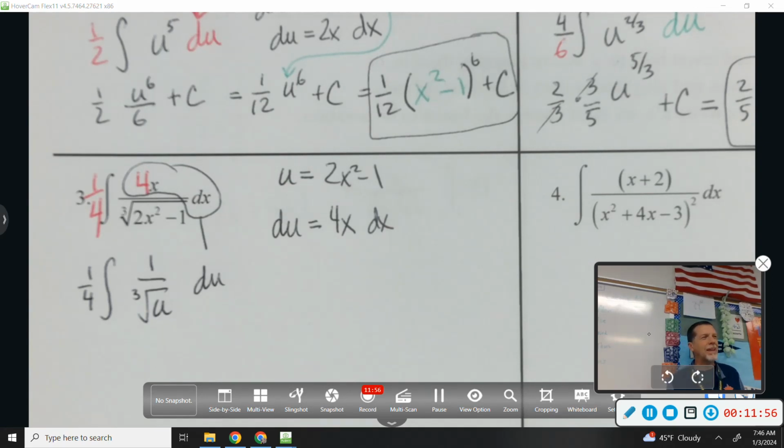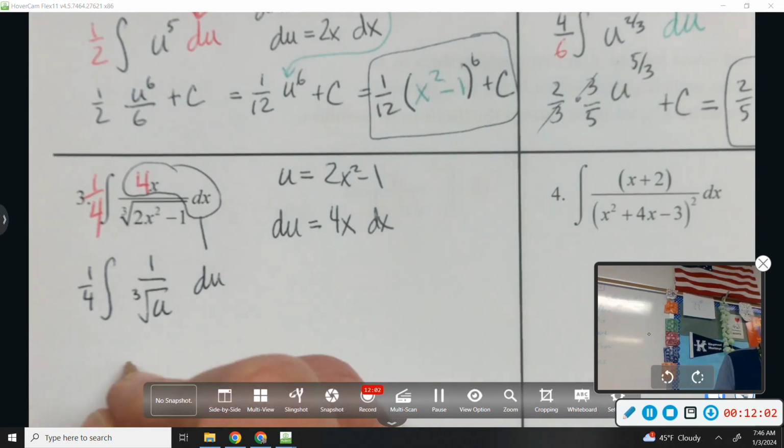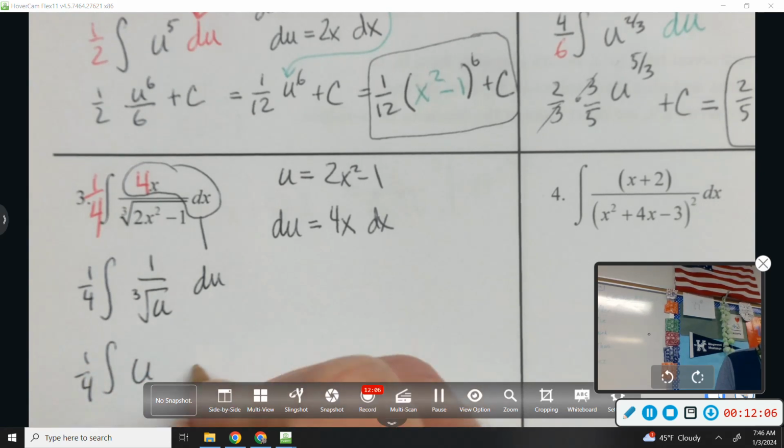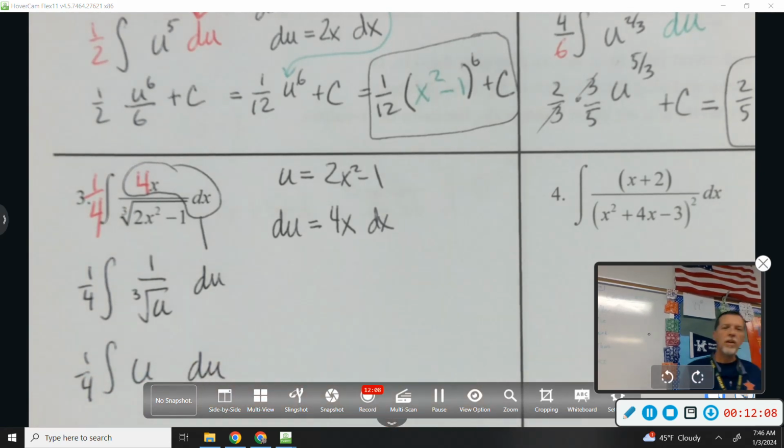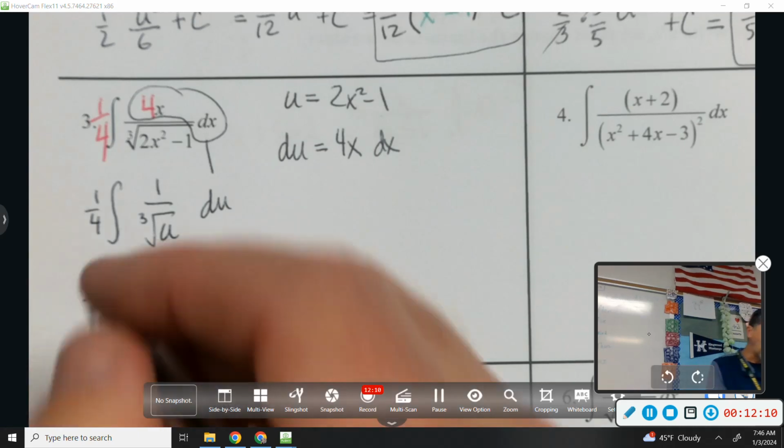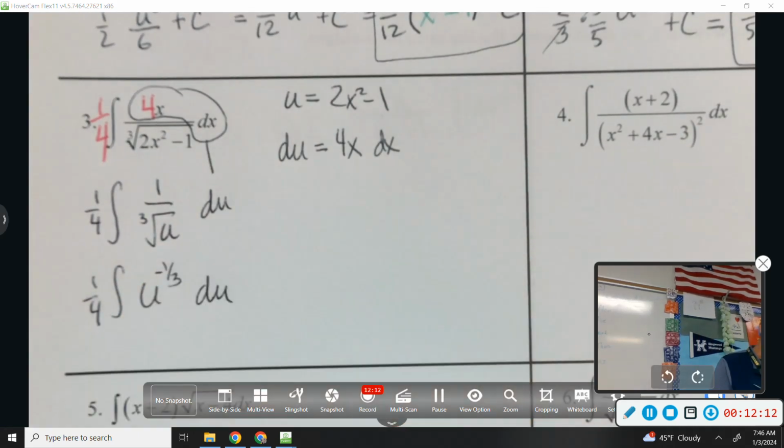But I don't like roots and I don't like fractions, so how could I rewrite that as a power? Yeah, u to the negative 1/3. The 1/3 is the root, the negative flips it over.